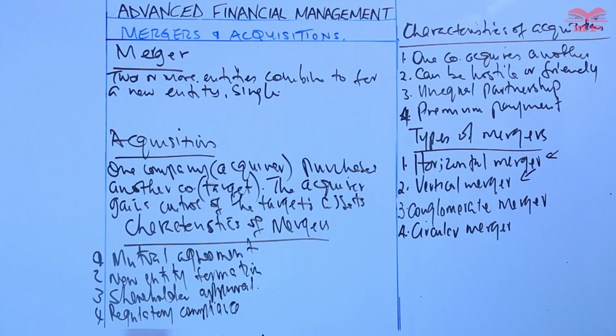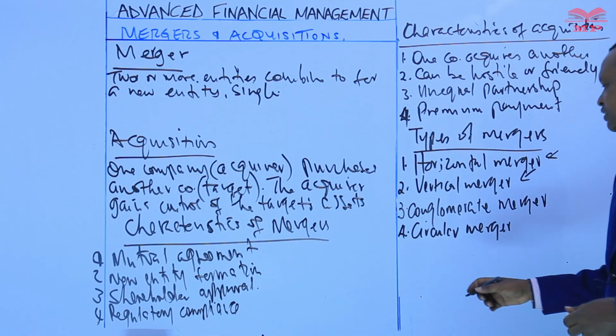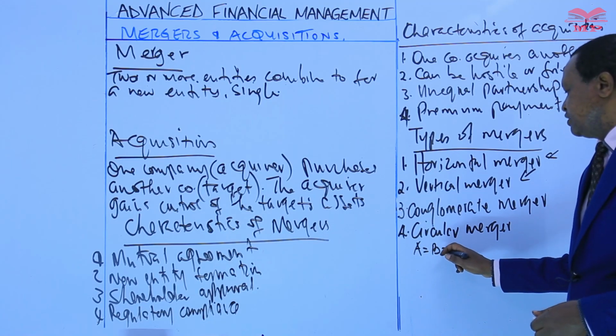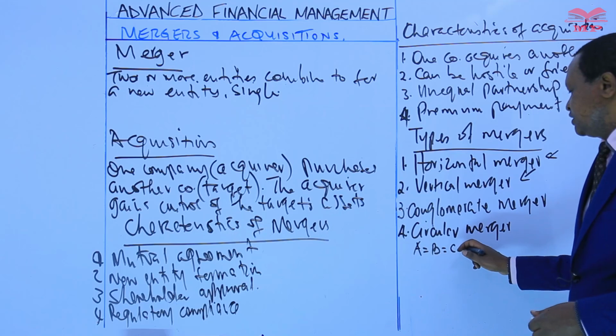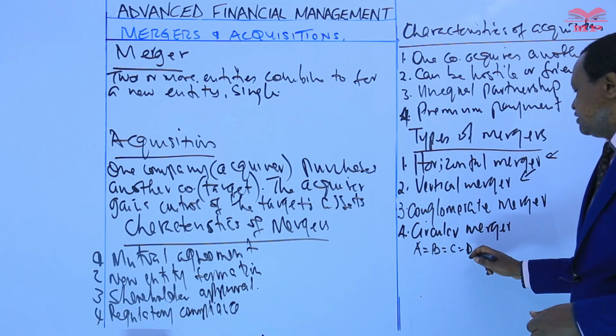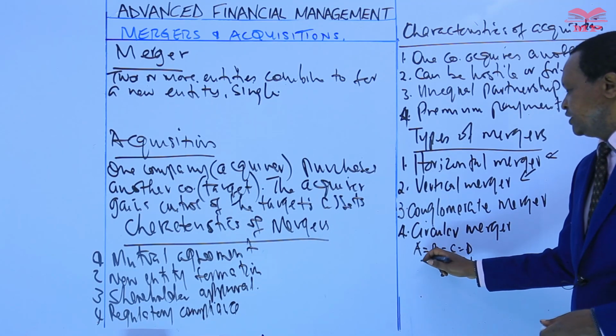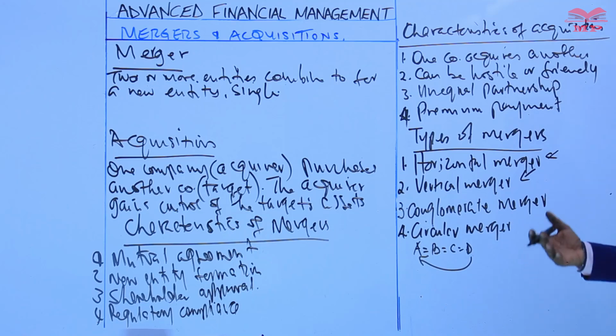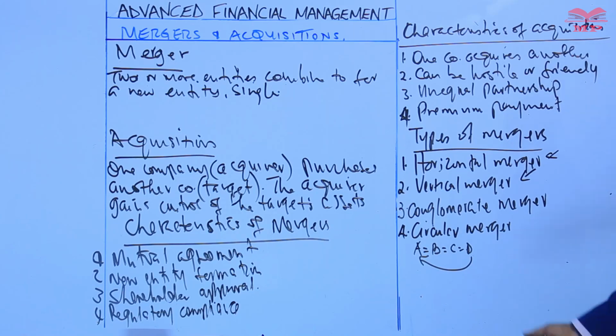For example, company A merging with company B, company B merging with company C, company C merging with company D, then company D merging with company A. You understand? That is a circular merger.